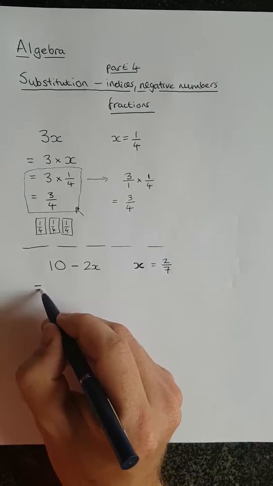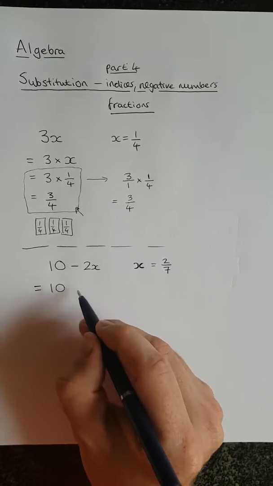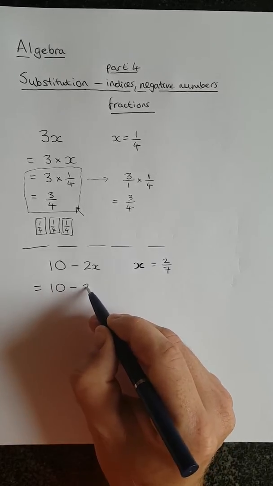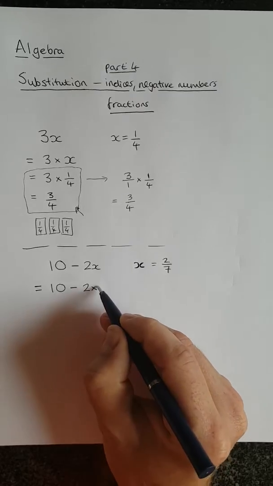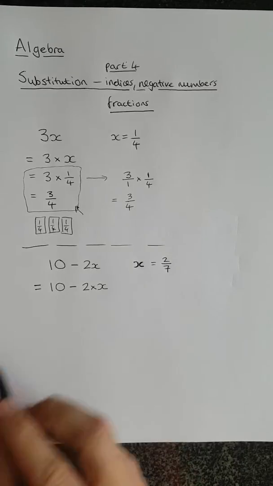So the first thing we do is write it out longhand. So it's still 10 subtract 2 times x. Now we substitute.